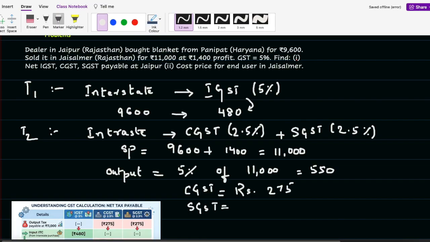Don't get confused in these terms, SGST, IGST, CGST. Everything is related to this particular term, interstate or intrastate. Got it? So is this clear? And one more thing, what is the cost price of this for the end user? The end user cost price will be 11,000 plus 550. So that will be 11,550.